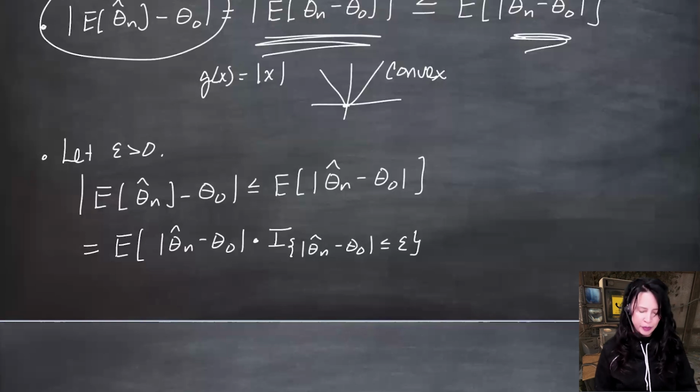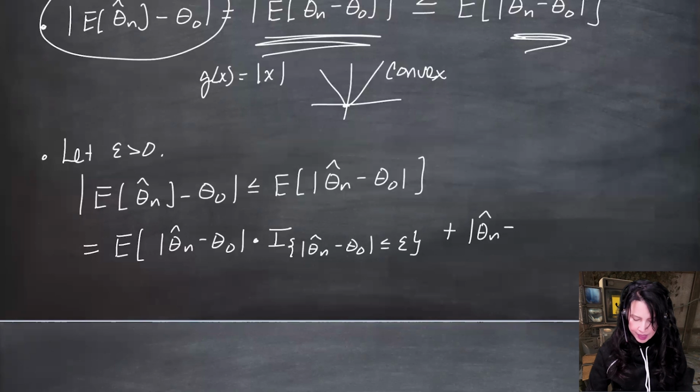Doesn't really matter where I put this inequality. Plus, this is all in one expectation, the absolute value of theta n hat minus theta naught times the indicator that says that this distance is greater than epsilon.